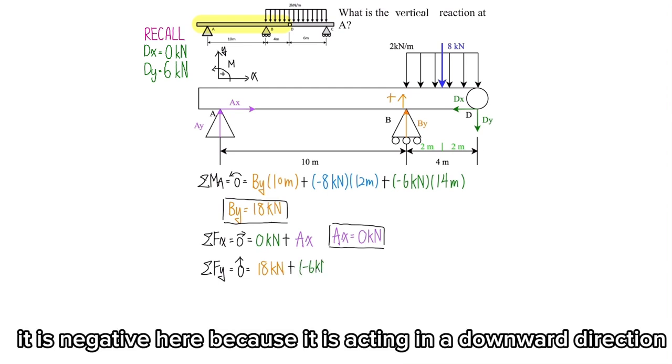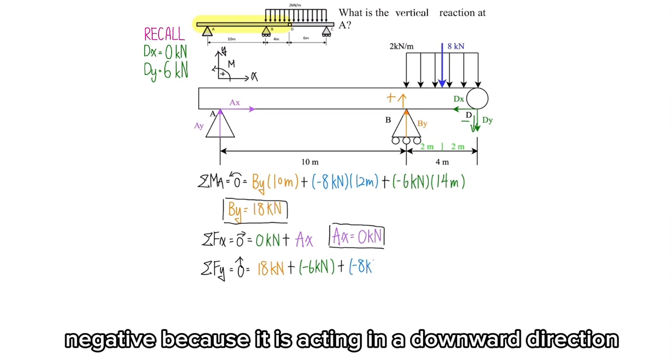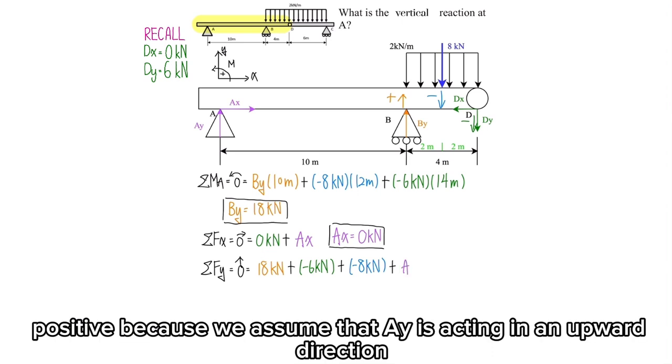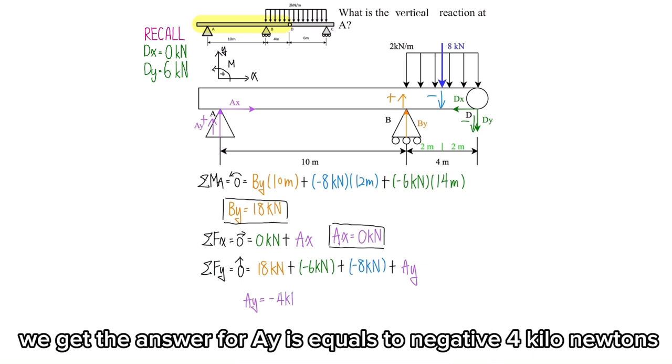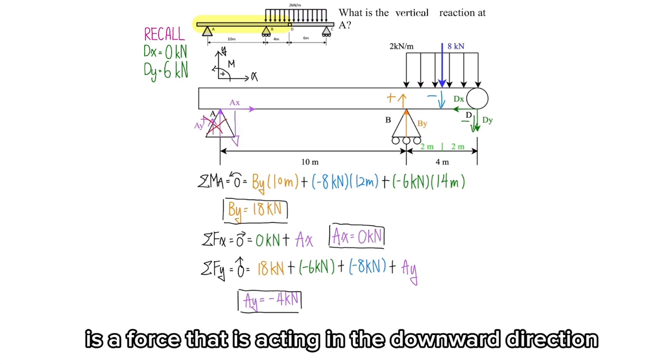It is negative here because it is acting in a downward direction, plus negative 8 kilonewtons, negative because it is acting in a downward direction, plus positive Ay, positive because we assume that Ay is acting in an upward direction. Rearranging the equation, we get Ay equals negative 4 kilonewtons, which means our assumption for Ay pointing upward is wrong. The answer is telling us that Ay is a force acting in a downward direction.